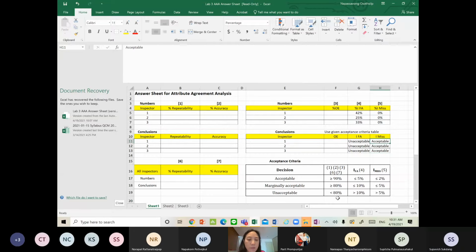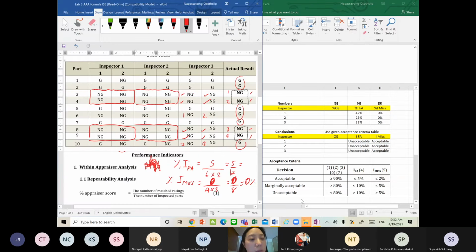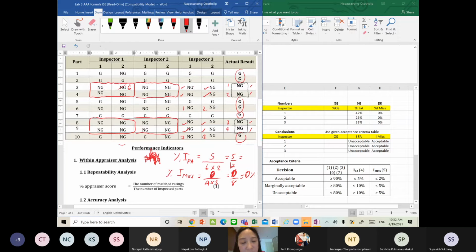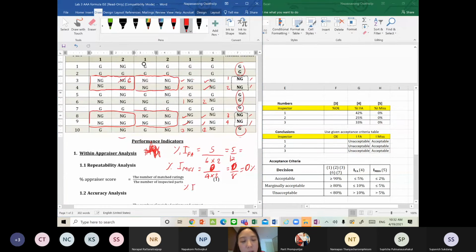If I change the result from NG, this one, to G, what will be the percent I miss in this case? Percent I miss for operator 1. Do you see the result that I changed here from NG to G?